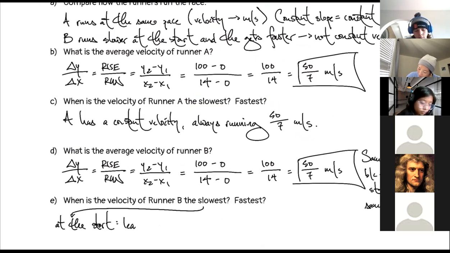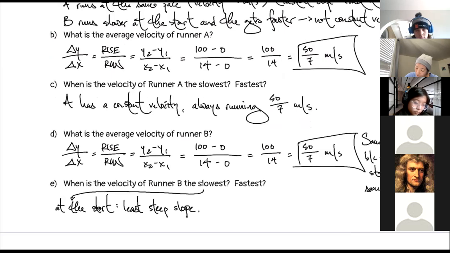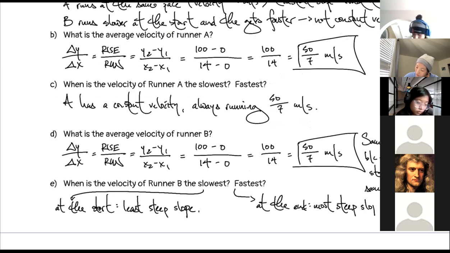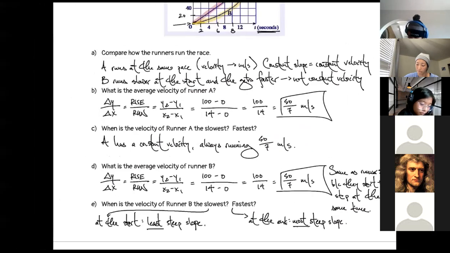And we can say that's the least steep slope if we were to include some vocabulary from earlier. And then the fastest is at the end. And we're looking for the most steep slope. Okay, so the least steep and the most steep is sort of what we're looking for visually here.